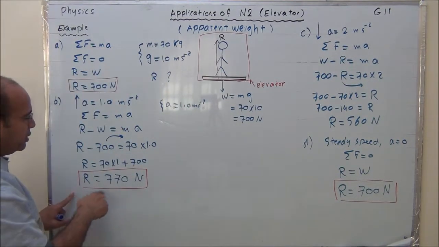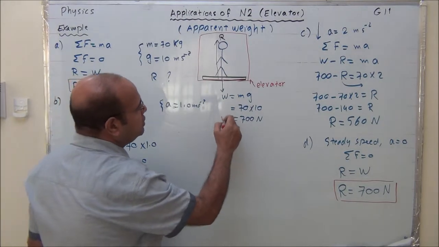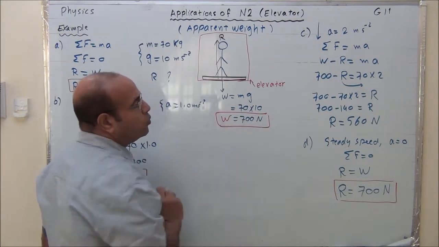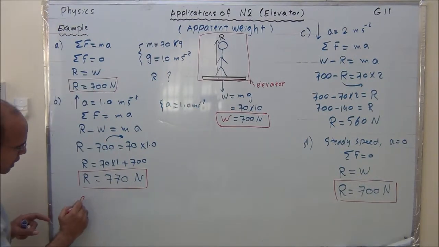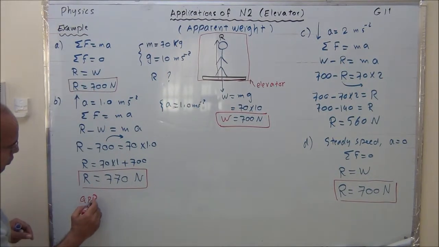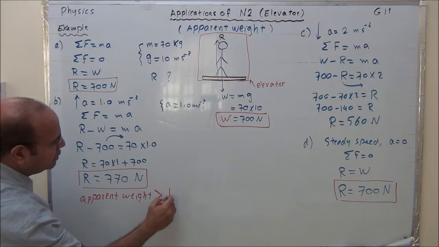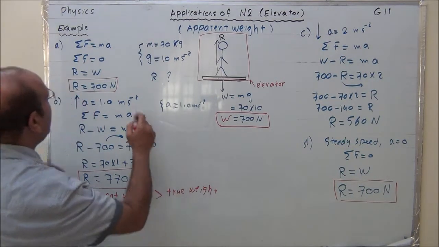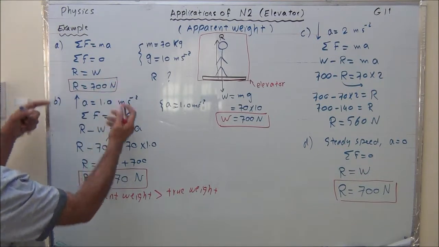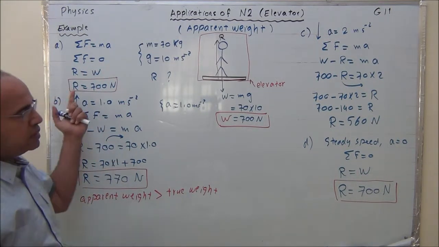So the apparent weight is more than the true weight. This is the true weight when the elevator or the lift is stationary. The apparent weight is that one. So the apparent weight is more than the true weight. At stationary, the apparent weight and the true weight are the same.